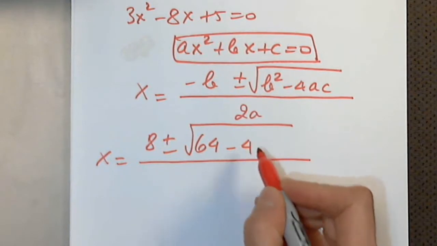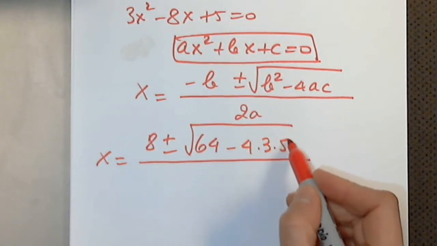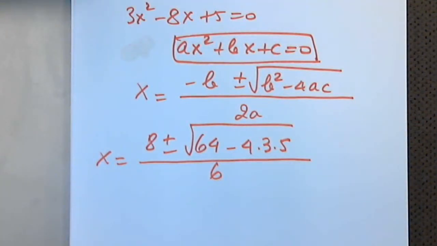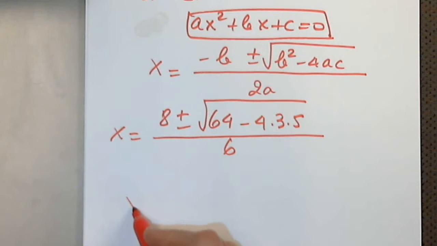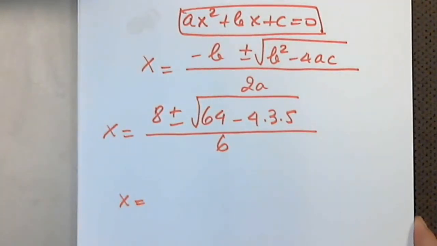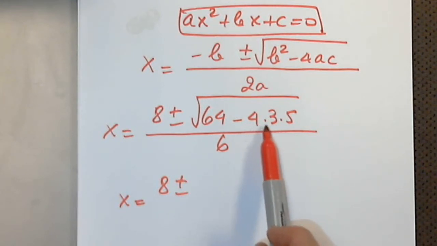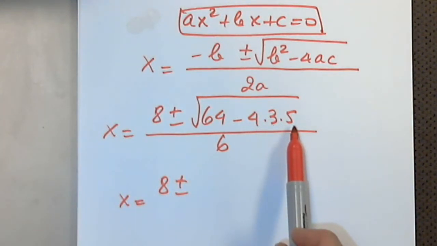Minus 4 times a times c, divided by 2a, which is 6. Okay? Good? Say it again. Very good, yeah. Excellent. Yes. So 12 times 5 is 60.